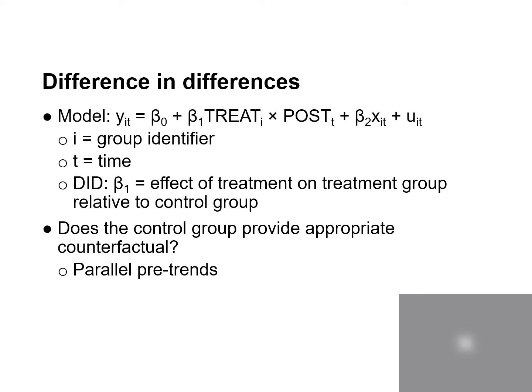And if they are, then this suggests that the control group is quite similar to the treatment group, except for the application of the treatment at the effective date. This is generally called a parallel pre-trends condition for difference in differences.